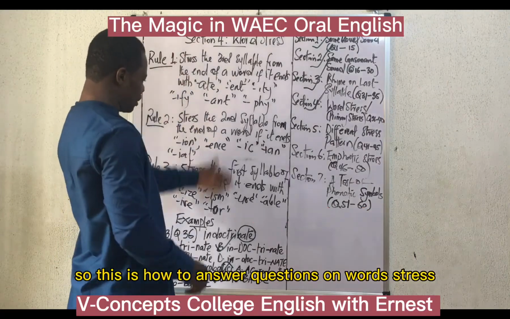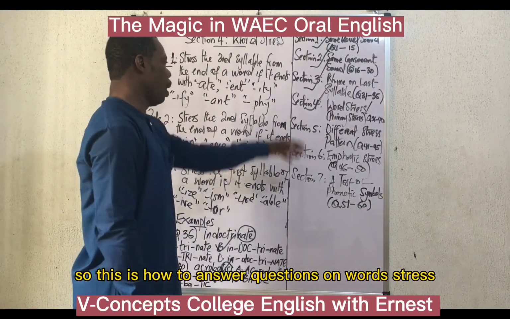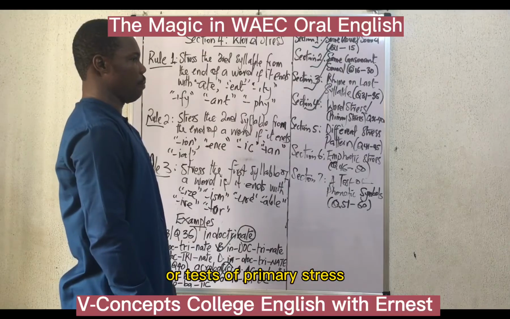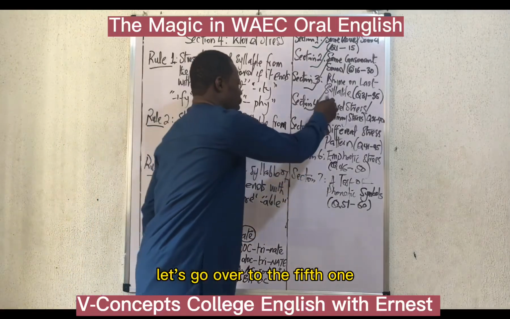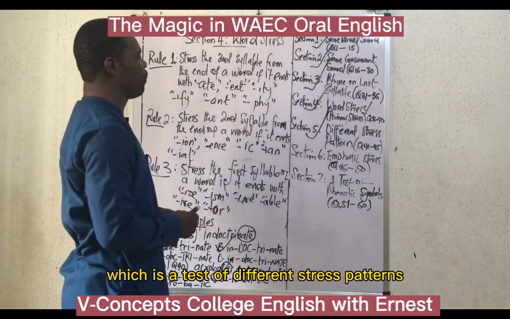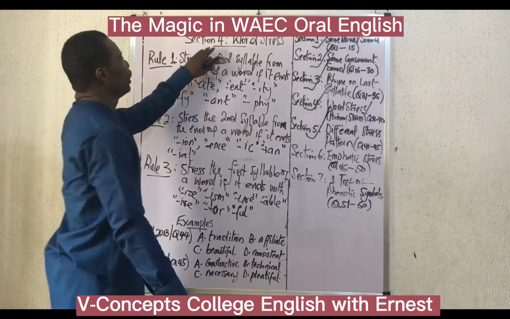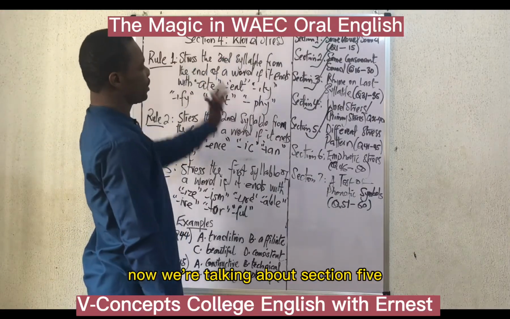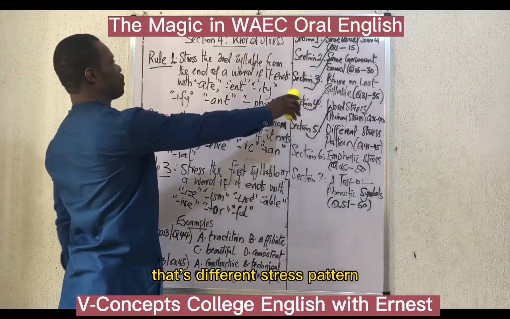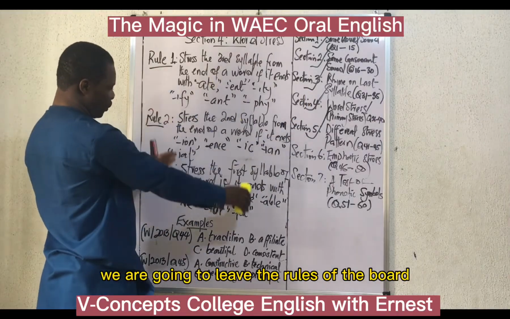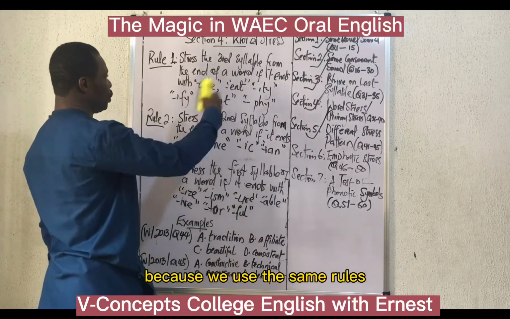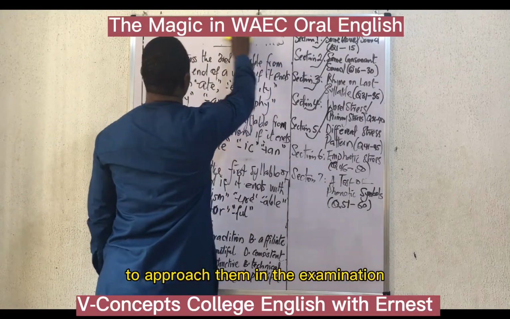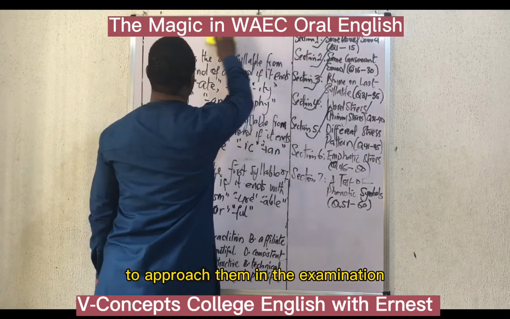So this is how to answer questions on word stress, or test of primary stress. Let's go over to the fifth one, which is a test of different stress pattern. Now, when talking about section 5, that is different stress pattern, we are going to leave the rules on the board because we use the same rules to approach them in the examination.